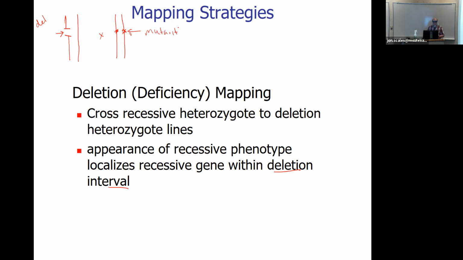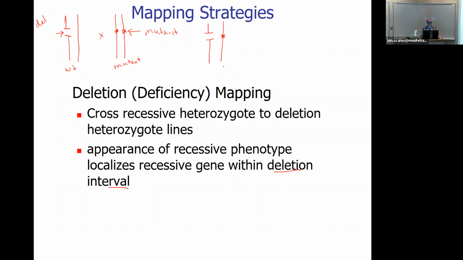Okay. Well, if they mated with each other, what would happen? Well, you can make offspring that have this pairing of chromosomes, right? So these have a mutant phenotype. And these have a wild type phenotype because they're offset here, right?